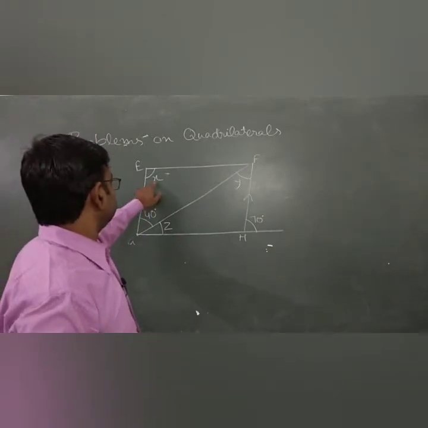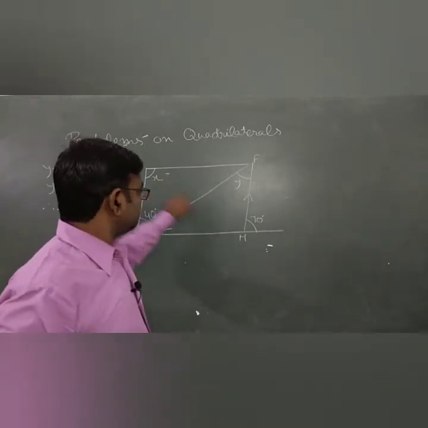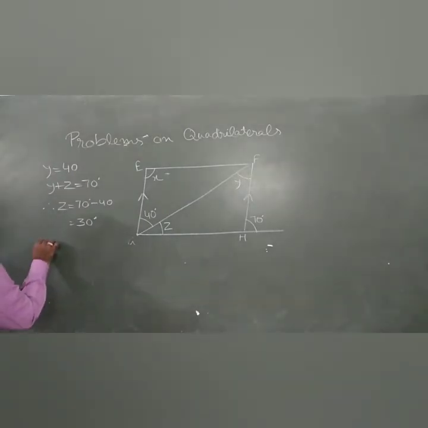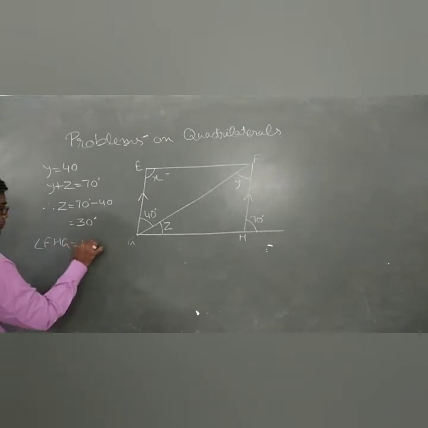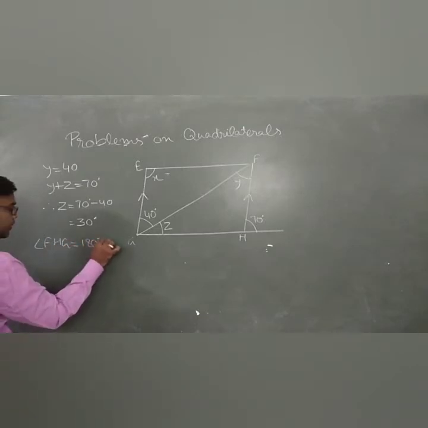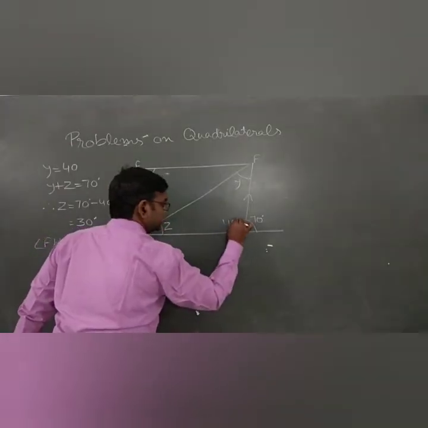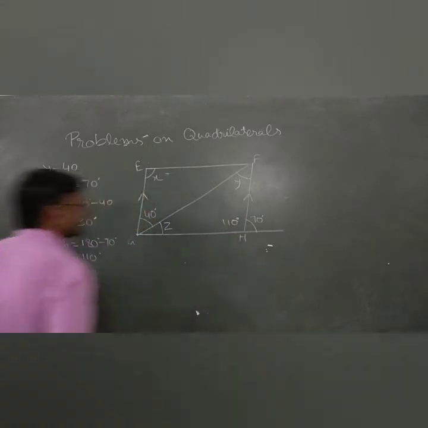Now this angle is X. This angle is also equal to this one. So we can easily write angle FHG equals 180 degrees minus 70 degrees, which is 110 degrees. This value is 110 degrees. Clear?